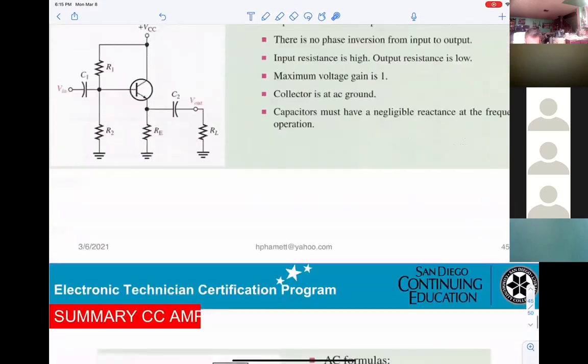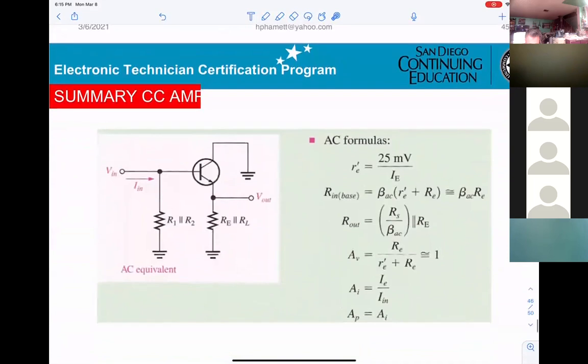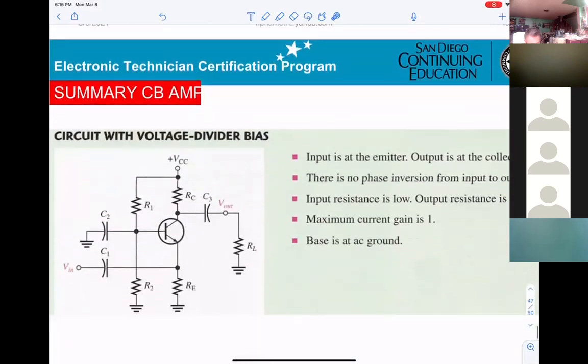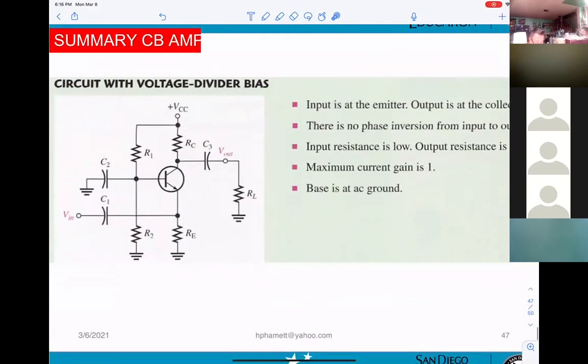Same thing, and this is the formula they gave you. You can see how you get the gain: AV equals RE divided by R prime E plus RE. And the last one, voltage divider for common base.